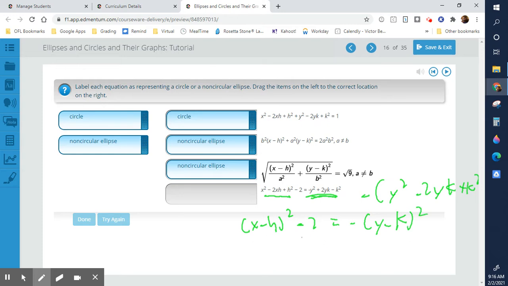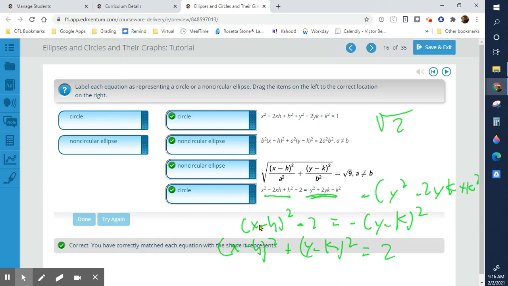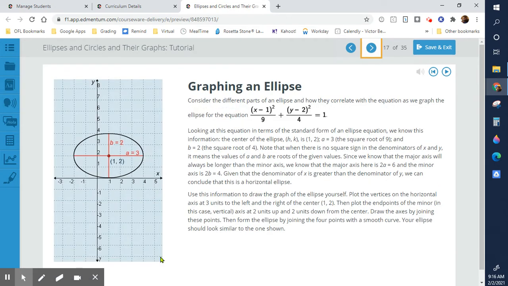So this, even though it's going to end up being x minus h squared plus y minus k quantity squared equals 2, even though square root of 2 is a weird radius, it's still a radius. So that is actually a circle because we can get those perfect squares in. It's just kind of ironic to think that the way we get circles is from squares, but that's how it works. It's a perfect circle, so you have to have those perfect squares.